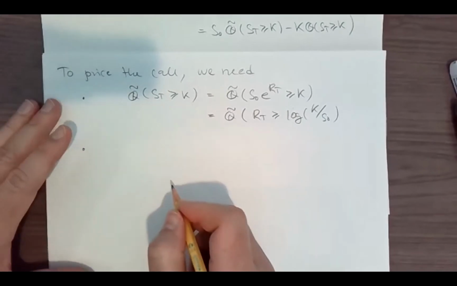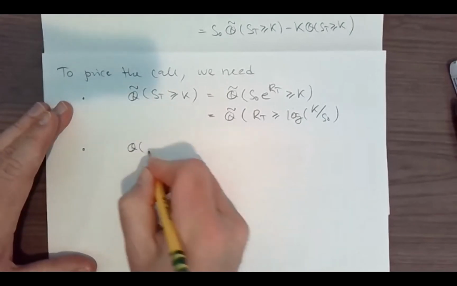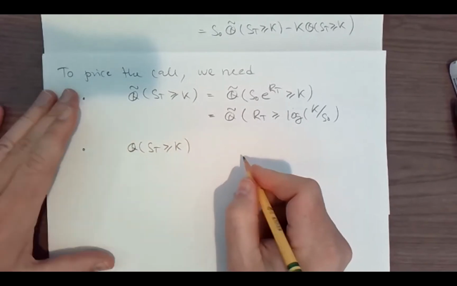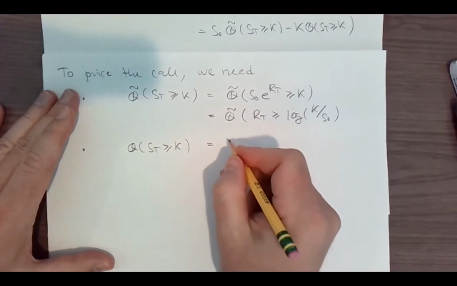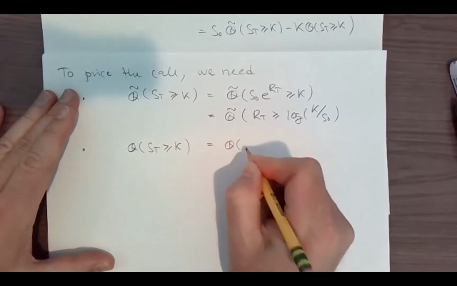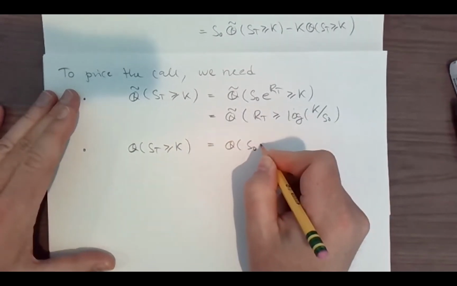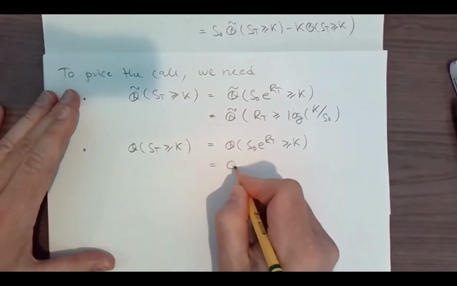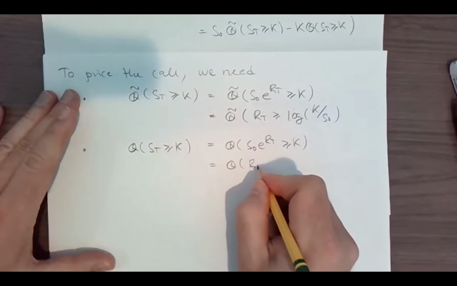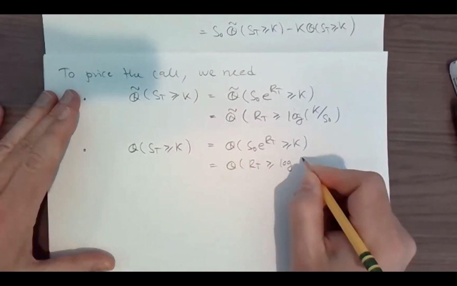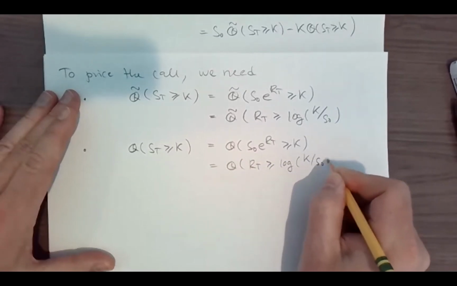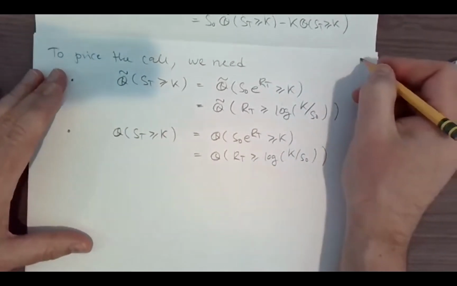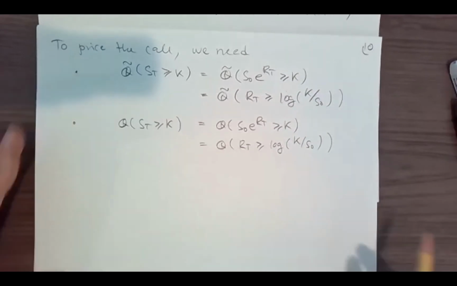And the other thing we need is Q of S_T bigger than K. And of course, you can write this just the same. This will be Q of S0 e to the R_T bigger than K. And this would be Q of R_T bigger than log K over S0. Okay, so I need these two quantities.